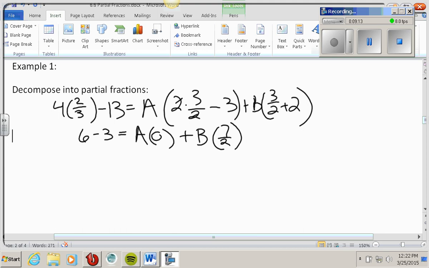So all we've done so far is we substituted in 3/2 for x, and we're simplifying. So that leaves us with, oops, this was a 13, -7 on the right, 7B over 2 on the left. We eliminated our A. So that's how we want to choose our x's.